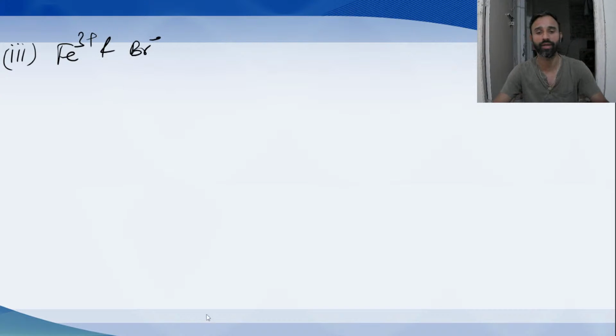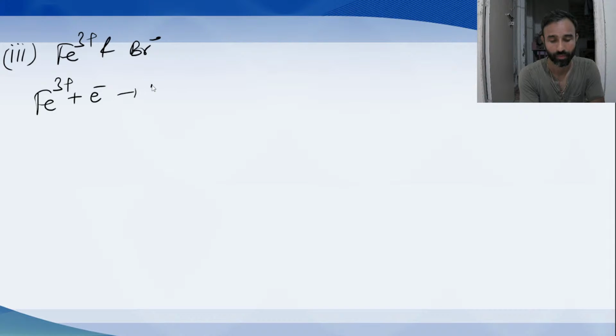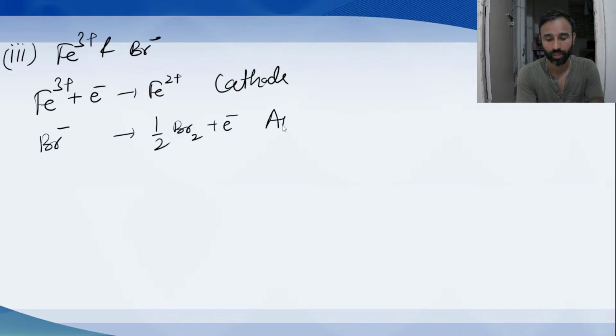Fe3+ to Fe2+ is the cathode, and Br negative to Br2 is the anode. So what is E naught cell for this reaction?